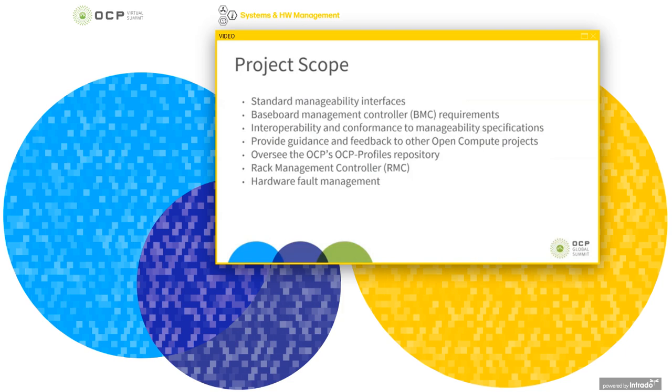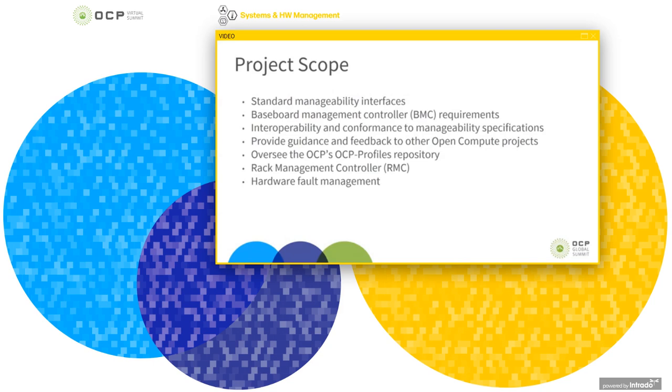And then at the end, I'll go over a couple of sub-projects. One is the Rack Management Controller, the other is hardware fault management. The RMC sub-project is defining a standard way to manage racks, as well as the communication between the RMC, the BMC and the system firmware. That is what that sub-project is focused on.